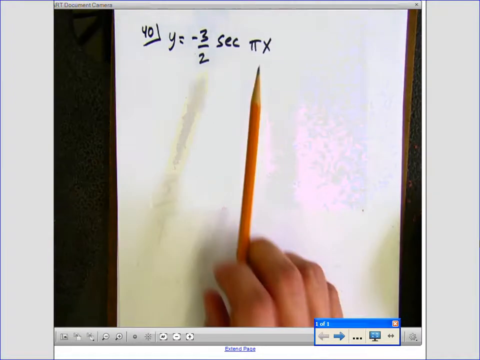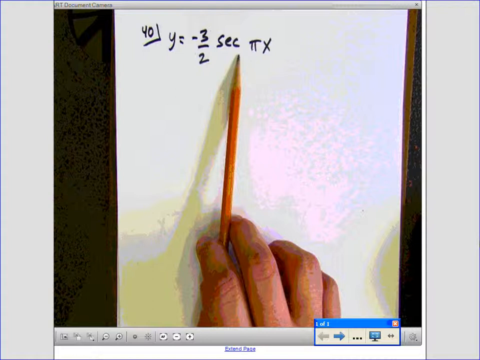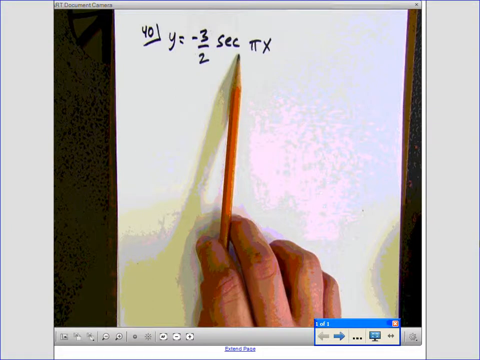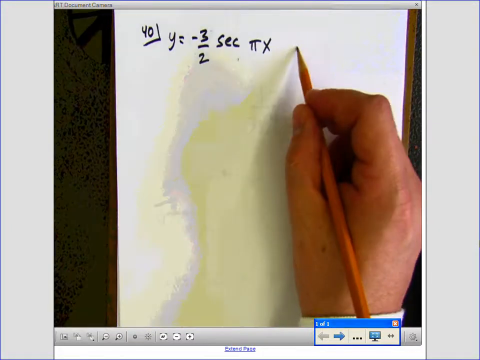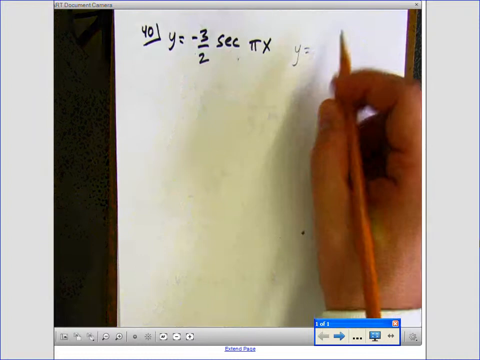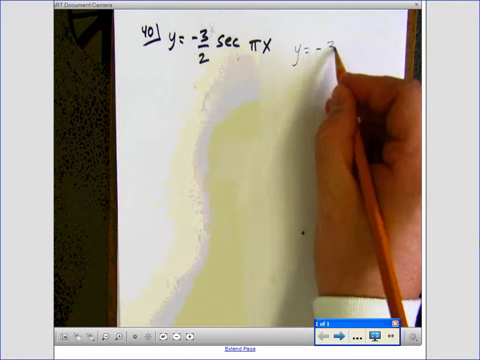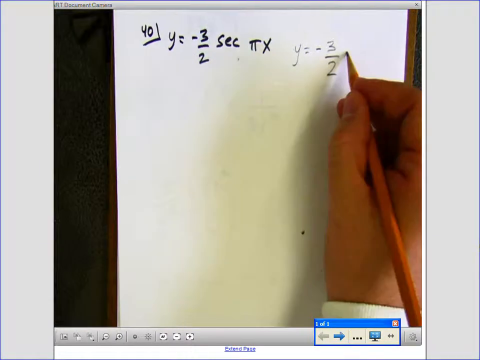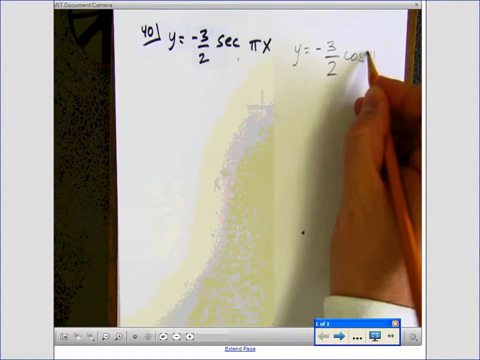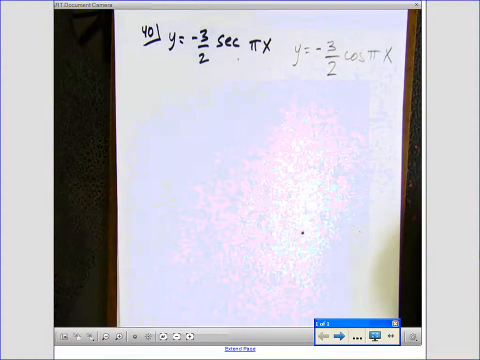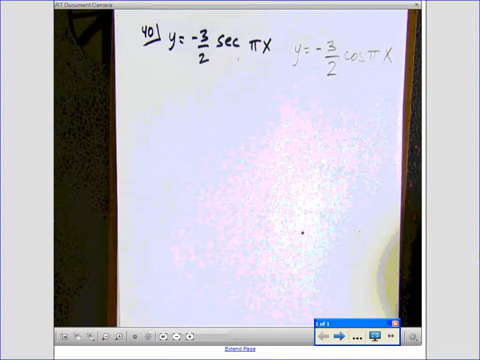So what graph am I really going to do first there? Cosine. So y equals negative 3 halves cosine of pi times x. So this is the one I'm going to do in my calculator and check out first.